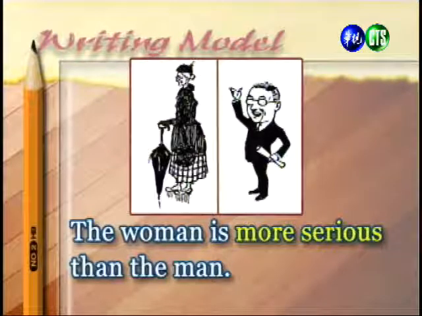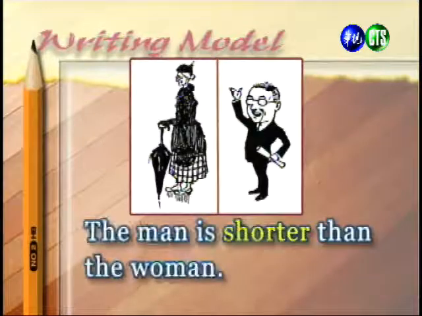So our sentence is, the woman is more serious than the man. Let's take a look at one final sentence. We can say, the man is shorter than the woman.